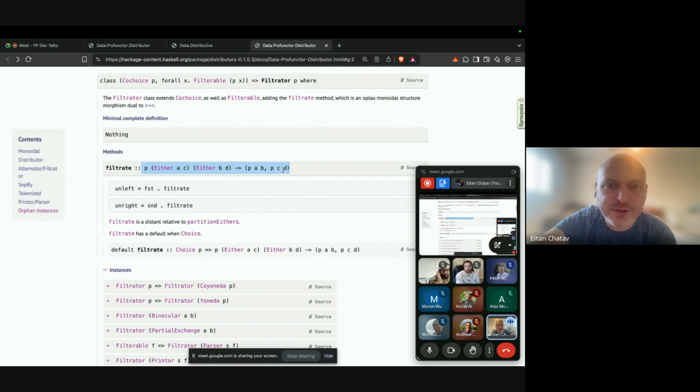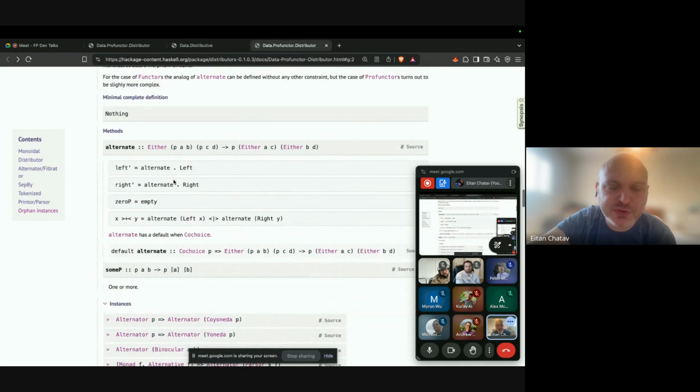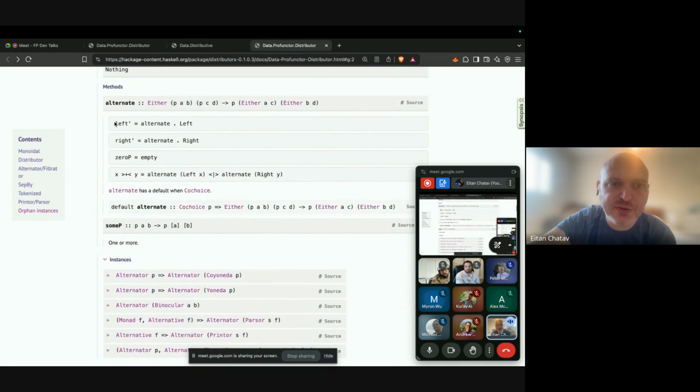Okay? Now, what we can also notice is that I should have gone over these laws for alternate. So left prime and right prime, which were the defining methods of choice, can be defined in terms of alternate by just ignoring the right, doing the left, or vice versa. 0p, we said, could be defined as empty, right?